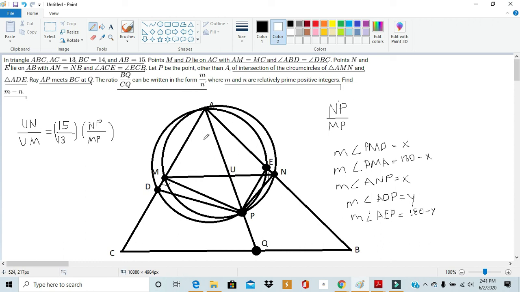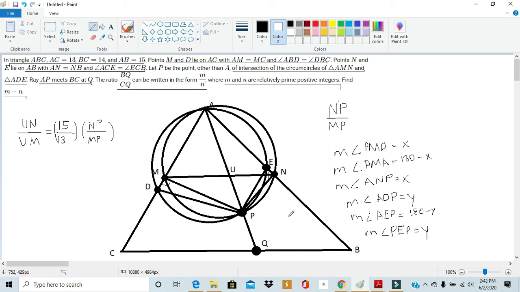And then, since AEP and PEB lie on the same line, they also have to add up to 180. So if angle AEP is equal to 180 minus y, in order for the whole line to have an angle measure of 180, we see that angle PEB has to have an angle measure of y.